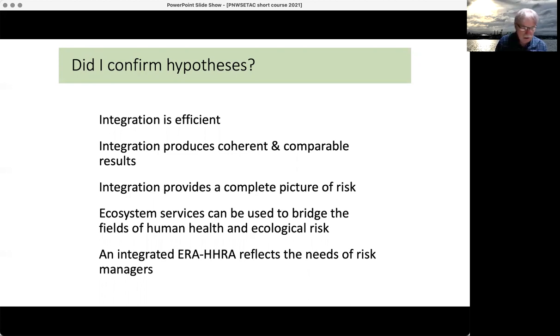Integration provides both the ecological and the human aspect, along with human well-being. Ecosystem services are a great bridge from just classical ecological risk into human health. And an integrated risk assessment reflects the needs of risk managers, who usually come from different agencies, each with different missions, looking at different parts of the system.